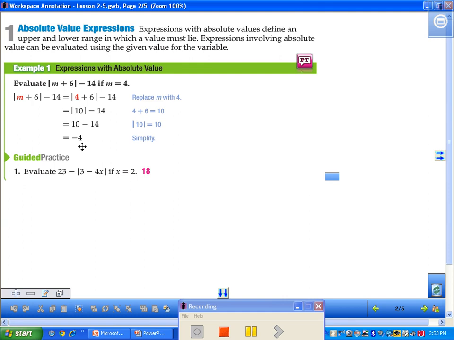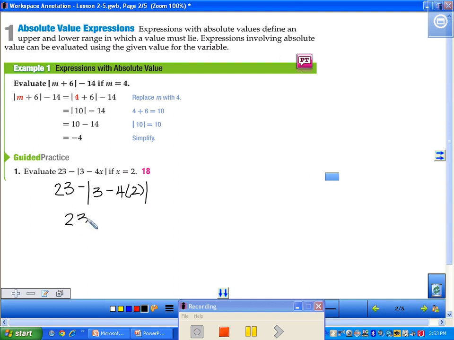If we do the same with the problem below, plugging in 2 for x, we have 23 minus the absolute value of 3 minus 4 times 2.